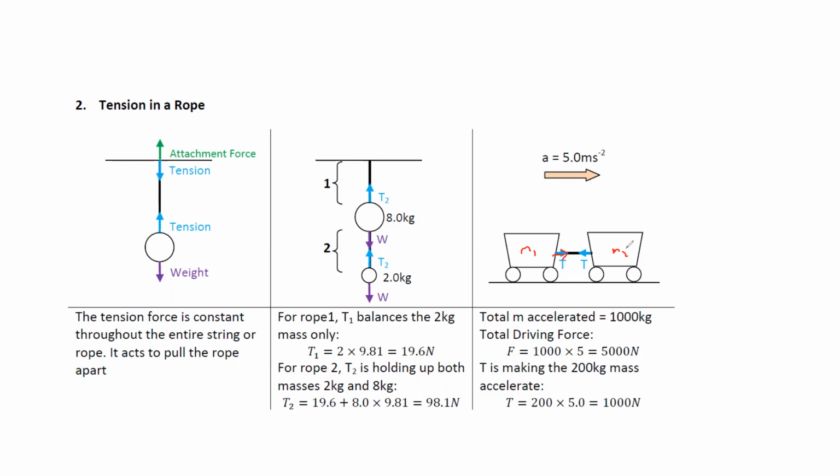So if we need the total driving force, the resultant force, and the masses are given, for example, the total mass is 1000, one of them has a mass of 200, another one has a mass of 800.